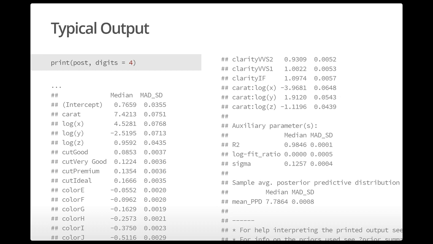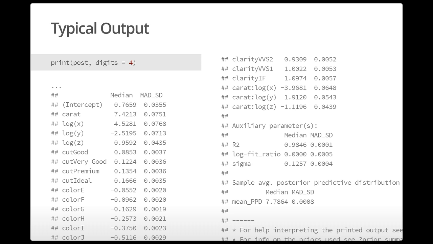If you just print it, typical output will look like this. You'll get a posterior median and an estimate of the standard deviation based on the median absolute deviation from the median, which is a lot more robust to the tails of the posterior distribution than the regular standard deviation would be.